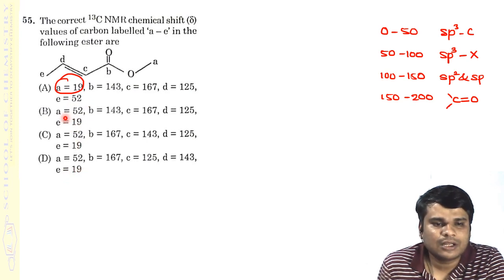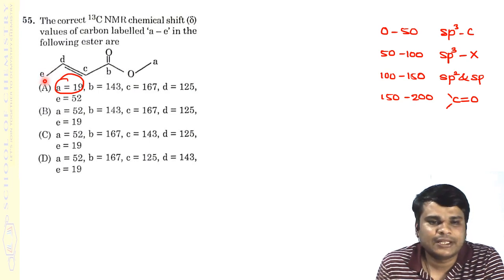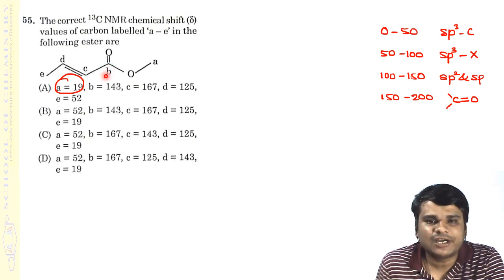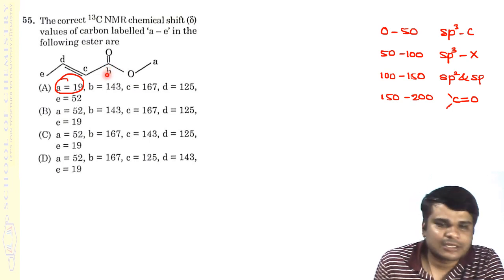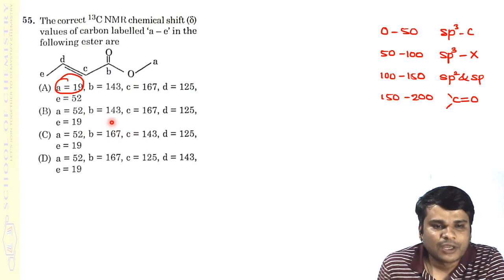So in the other three options, based on A and E chemical shift values you cannot do anything because they are just the same. Next, if you know that the carbonyl has to give a high carbon 13 chemical shift, it should be 160 plus for B. In this case they say B is 143, right?